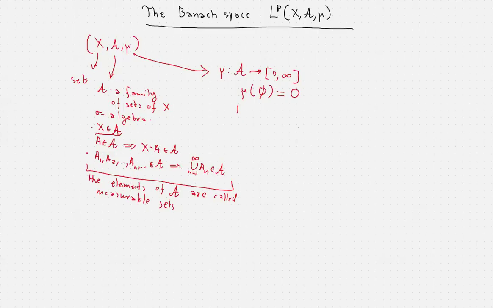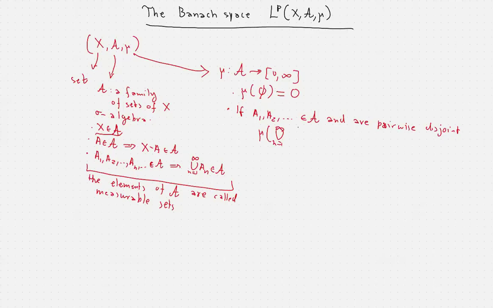And if A1, A2, and so on belong to A and are pairwise disjoint, then the measure of their union is the sum of the measures.